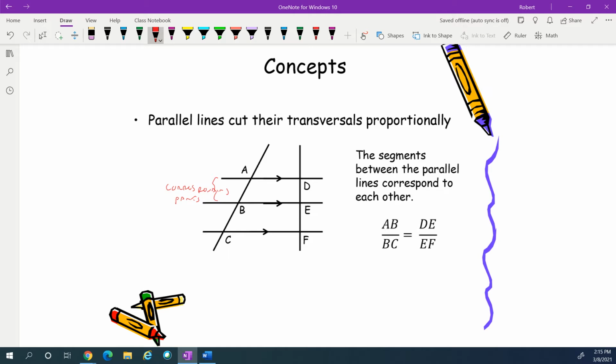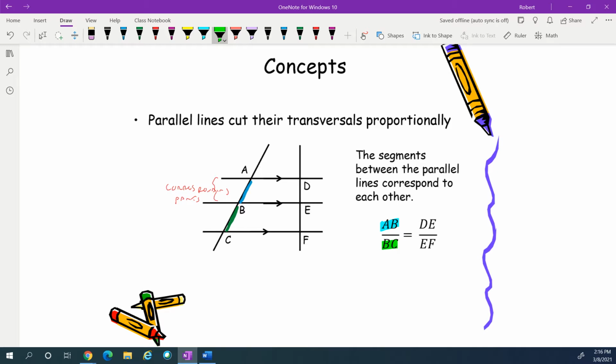So we can take AB and BC, top piece over bottom piece.